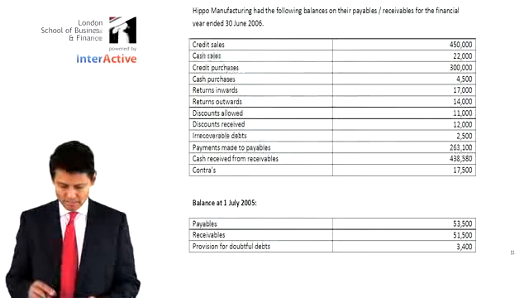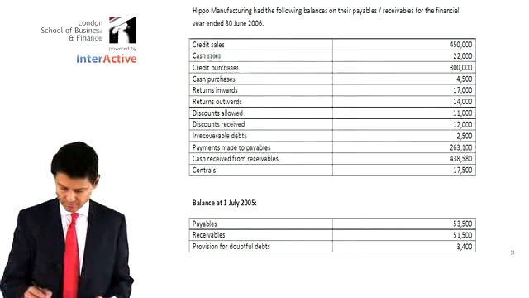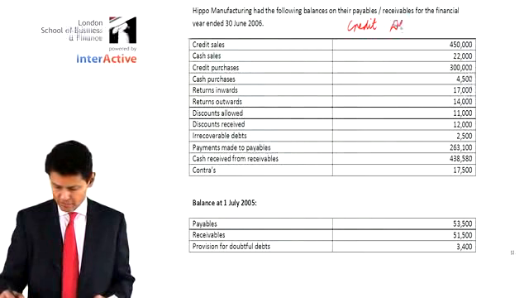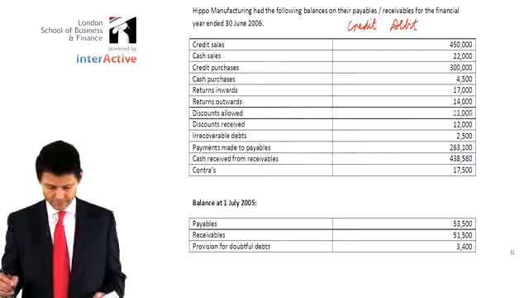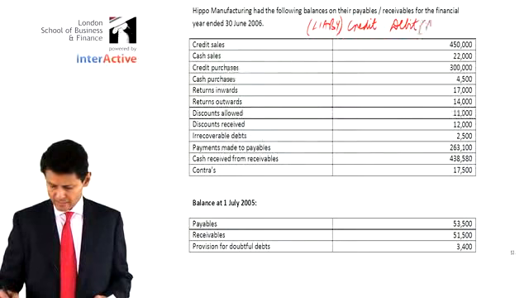So here we are. Here's our friend Hippo. Near the word payables, you've just said credit. Near receivables, you've no doubt said debit. Reason: credit, of course, is a liability, whereas debit, of course, is an asset.